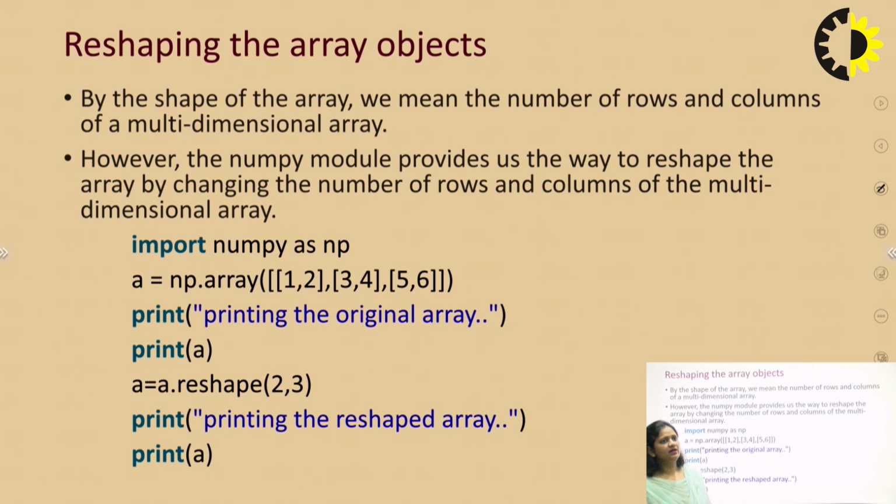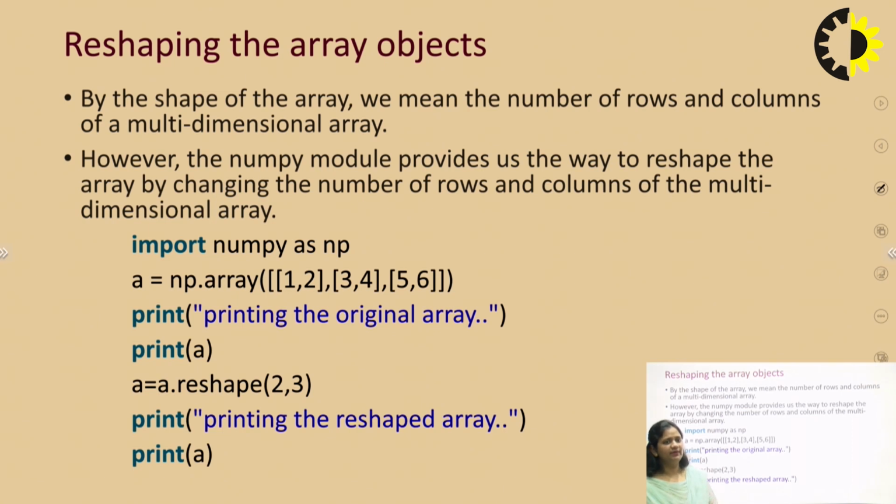Okay, next, how to reshape the array object. First, we understood how to install a numpy array. After that, how to create an n-dimension array object. Then how to find out the size and the shape of an array. Now comes the reshaping of the array object.